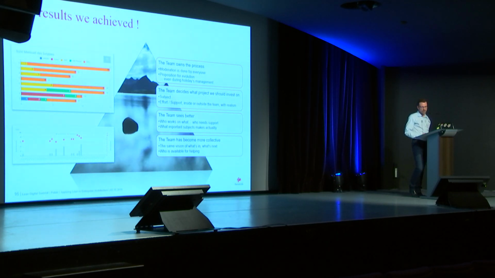We also have really big areas of satisfaction around the team. Why? Because the team, we felt, is a kind of owner of the process, the whole member, because moderation is done by everyone, because proposition of evolution of the process itself is done by everyone also, even if the management is not there.